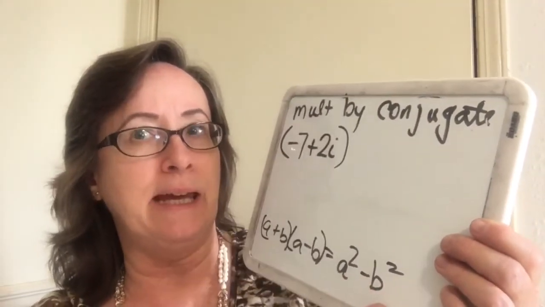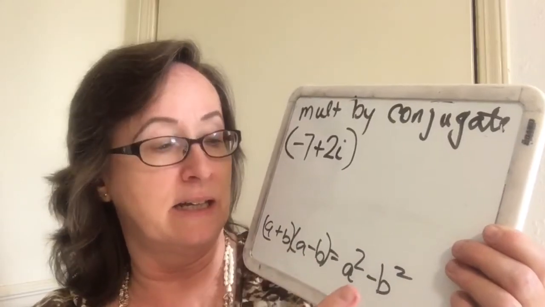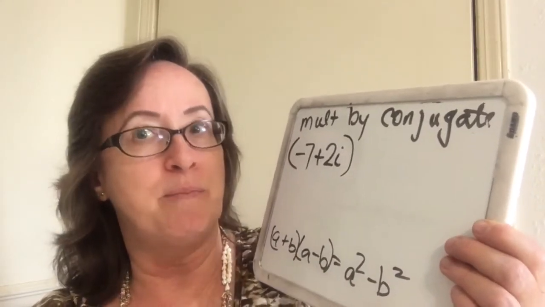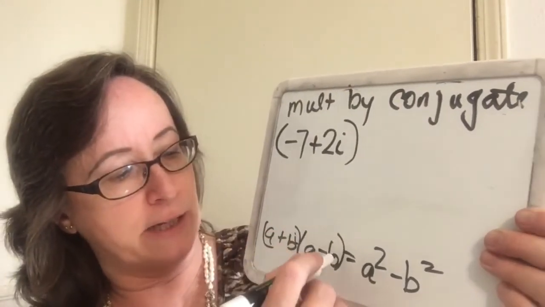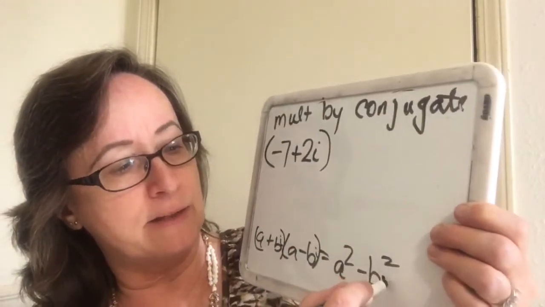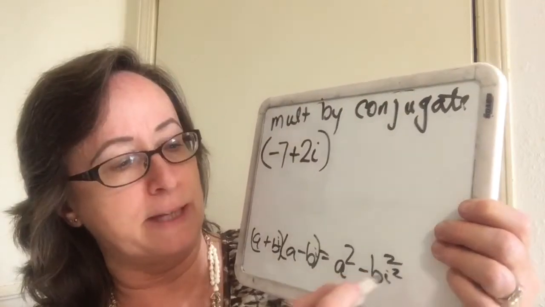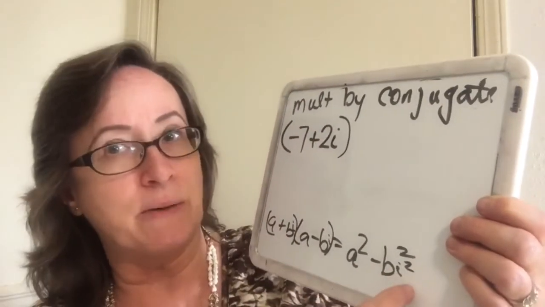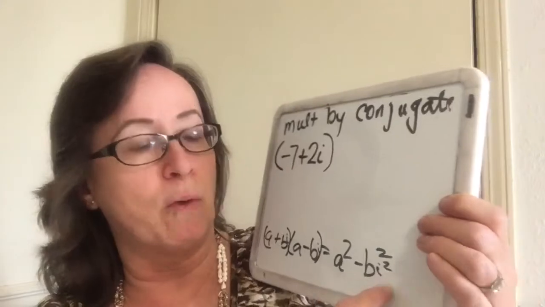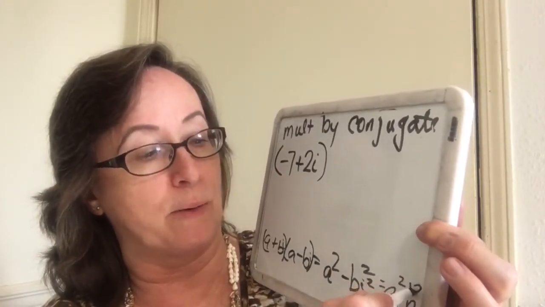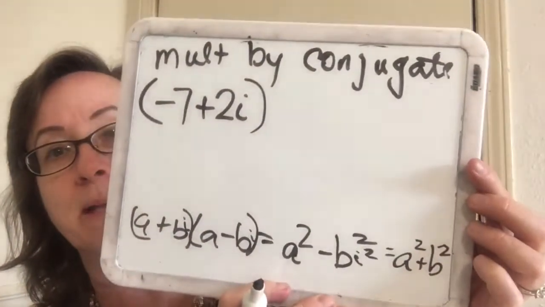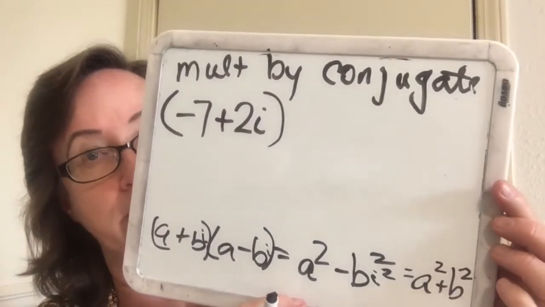Because this B is going to have an i in it, I'm going to put a little i here for conjugates, then this is going to be an i squared, B squared times i squared, and the i squared is going to be negative, and I'm going to wind up with A squared plus B squared as the formula that we will use for conjugates.